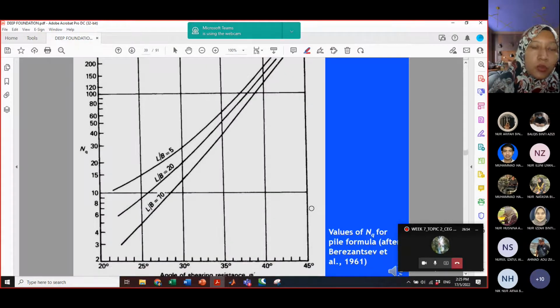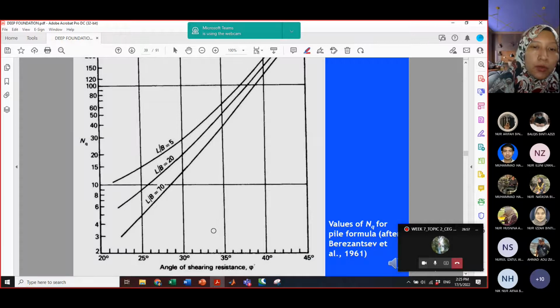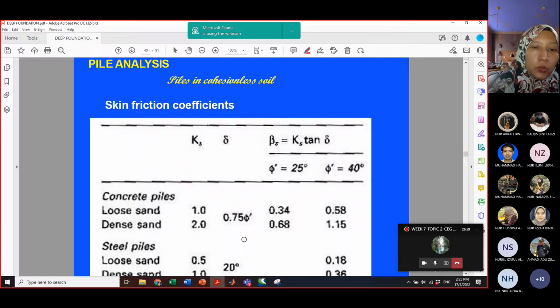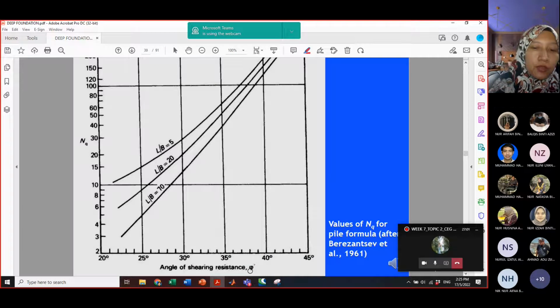Okay, NQ can be obtained from this relationship between the angle of shearing resistance, internal friction phi, the ratio of L to B, and also NQ. We want to get the value of NQ, right?